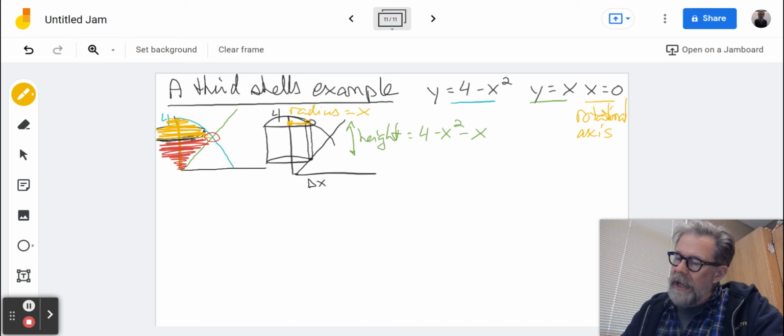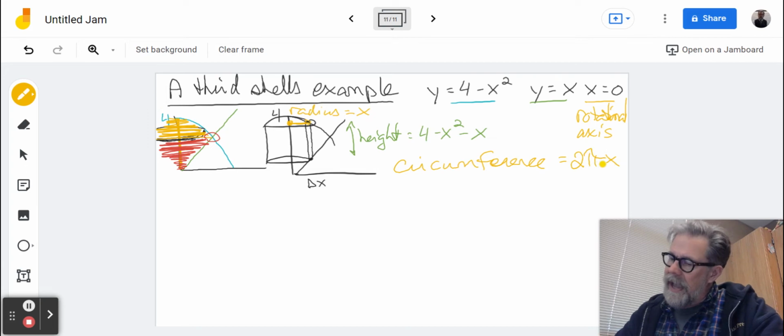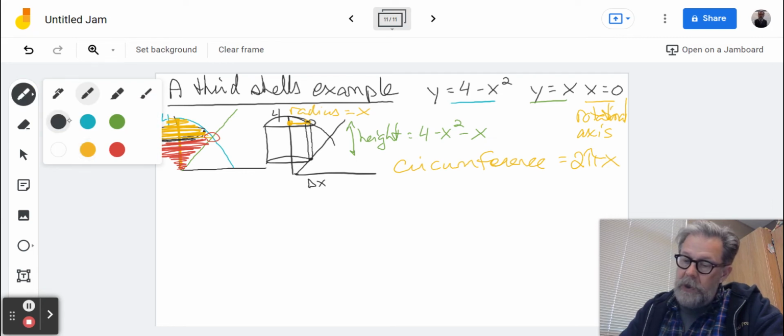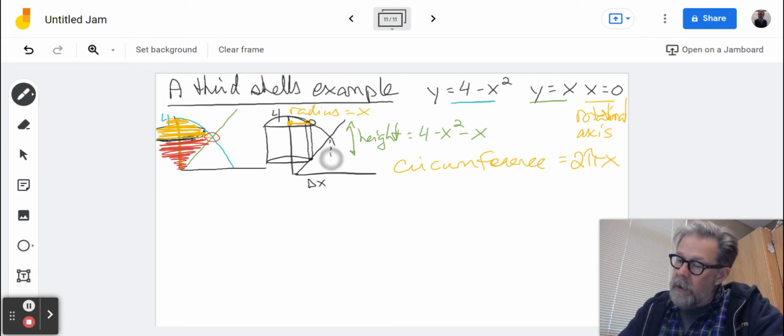So I know that the circumference of this function is 2 pi r, which is 2 pi x. I've got everything I need except how far out do I go? Because I want to come out to a.